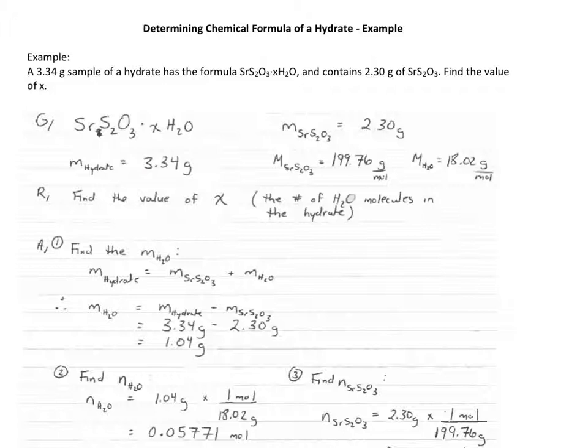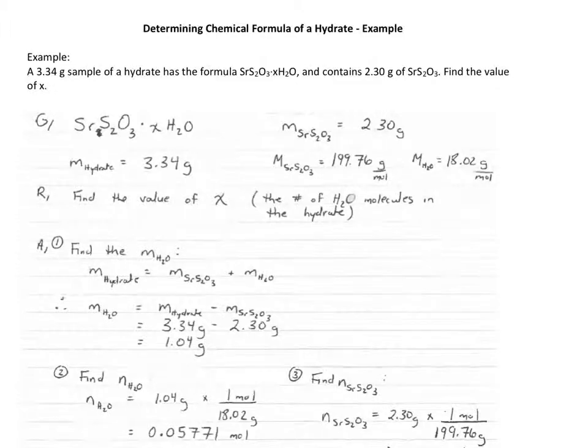We don't know the molar mass of the hydrate, because in order to know that, we would need to know how many water molecules are associated with the SrS2O3. However, because we know the mass of the hydrate and the mass of the anhydrous compound, the difference in the mass is the mass of the water, as shown here. We now have the mass of water and the mass of the anhydrous compound.